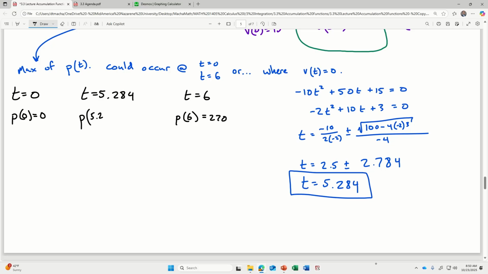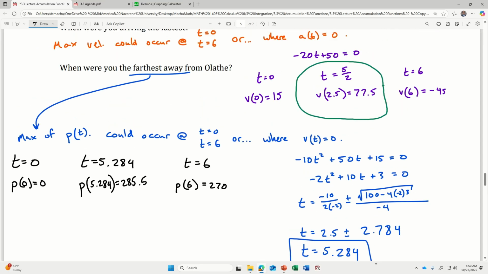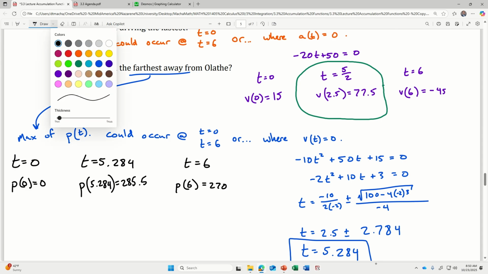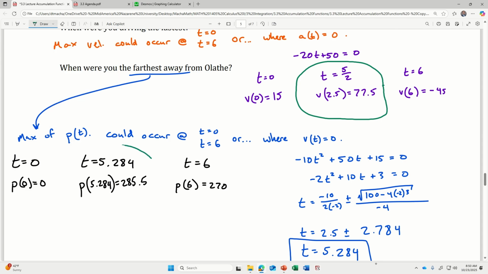My position at time 5 hours, 0.284 is 285.5. So the question, when were we the farthest away? We were the farthest away at time t equals 5.284.